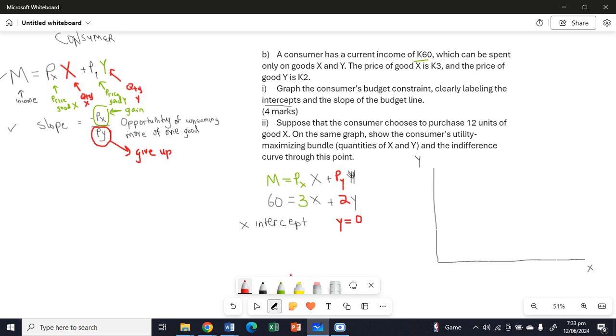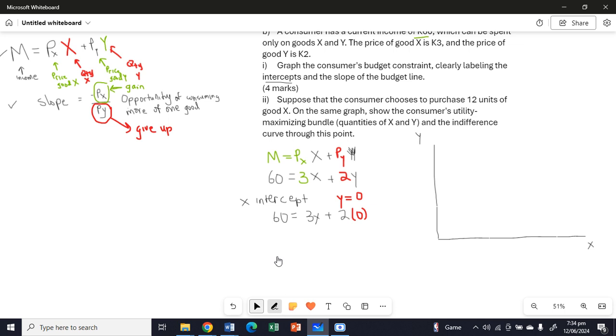So we come back to our budget constraint line. We're going to say 60 equals 3x plus 2y. So y, you replace it with 0. 2 times 0, that is 0. So we have 60 equals 3x. Divide both sides by 3 to get the value of x.